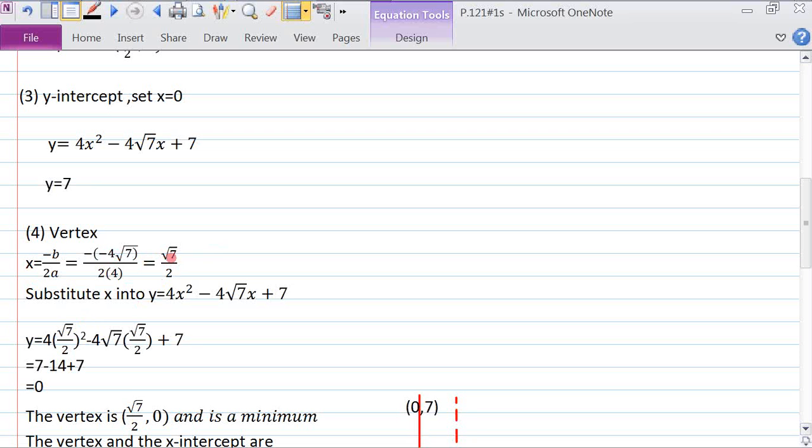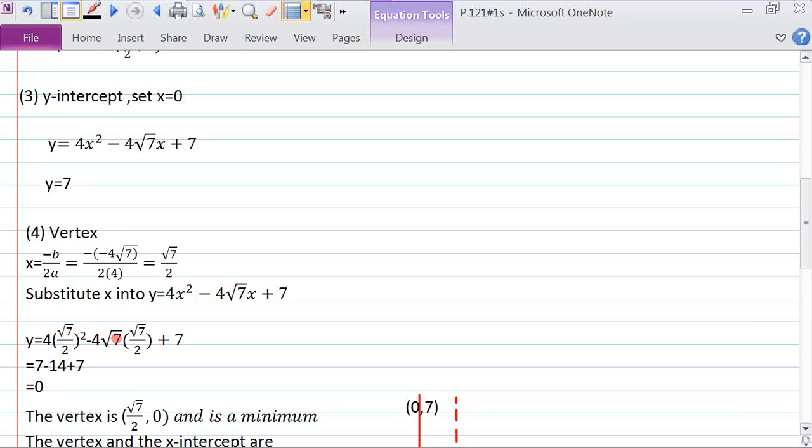Now we substitute this x value into this equation in order to find the y value of the vertex. So when we do that, we put 4, which is this 4, times root 7 over 2, which is the x value, squared, minus 4 root 7 times x.